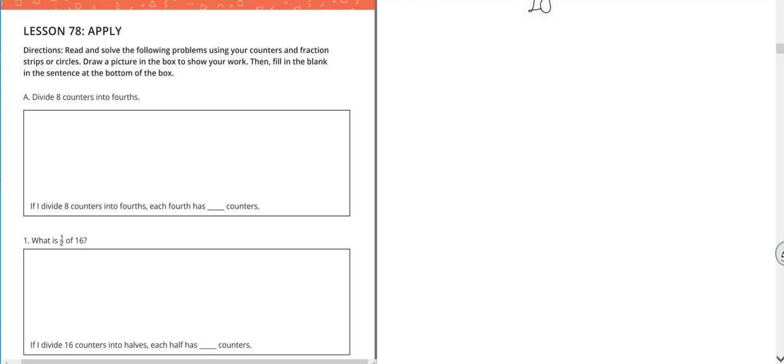For example, if we have 8 candies and we divide them into halves.